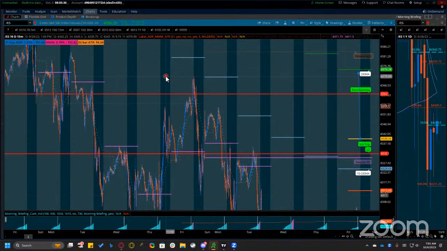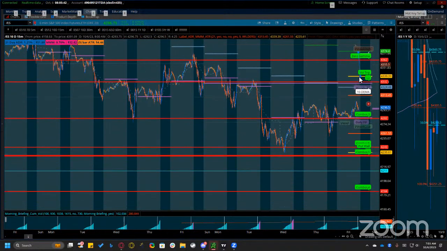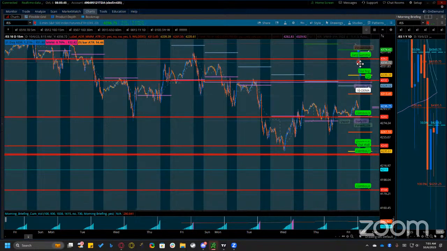Which means if we do start to move greater than what is projected, which happens all the time, right? Markets break their expected move range all the time. We could take this projection, or the range that I've given, and double it.